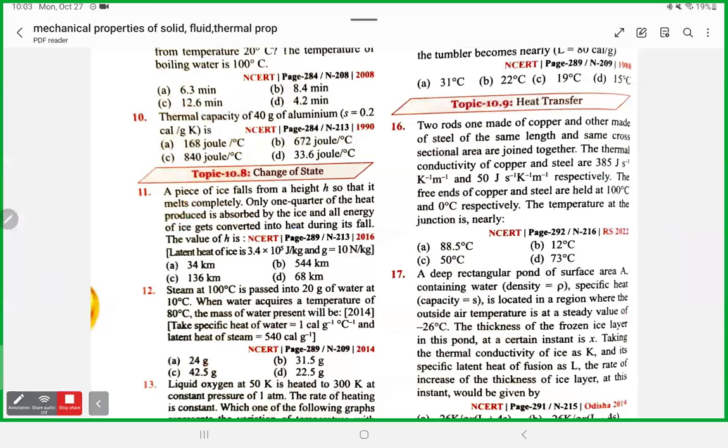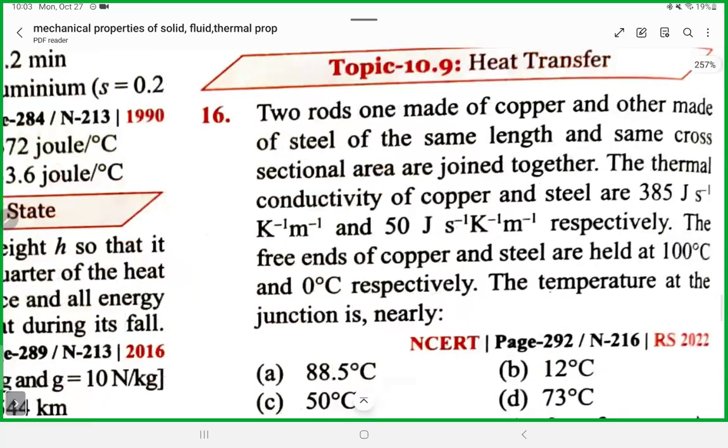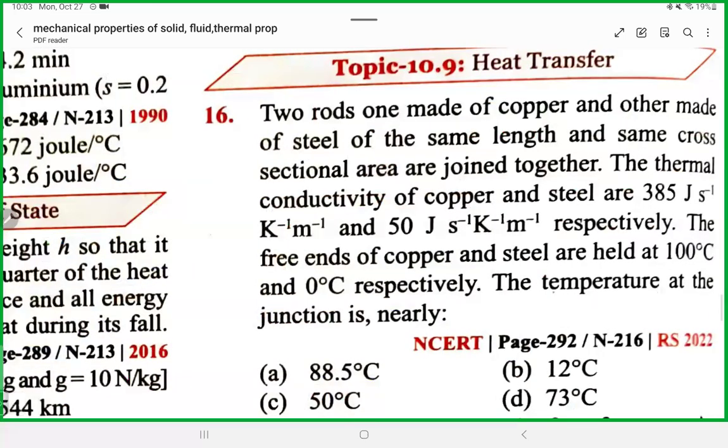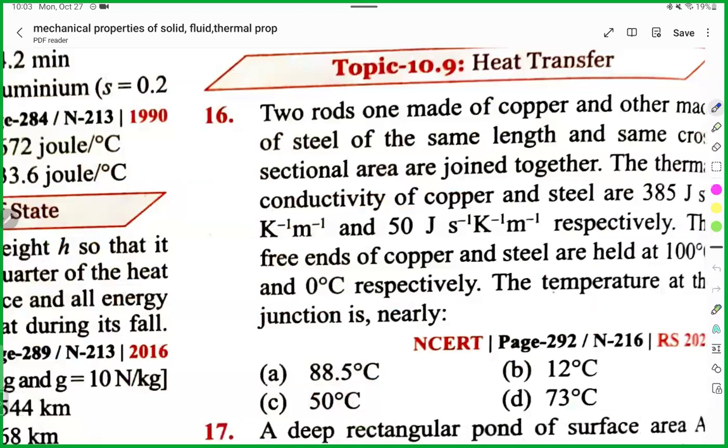This is the recent question. Then we'll do other questions, other than PYQ also. Let's start with PYQ first. Two rods, one made up of copper, another made up of steel. Length is the same, even area of cross section is the same.